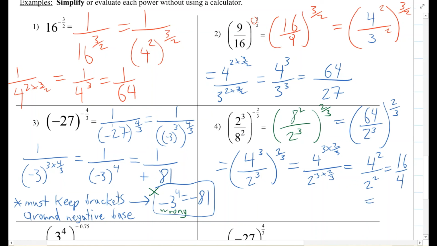So what does that equal? Final answer equals 4.